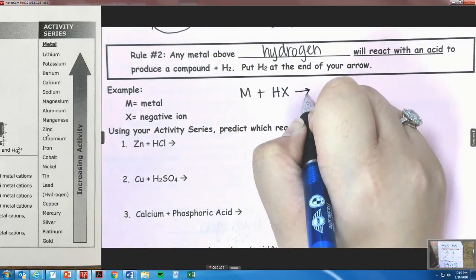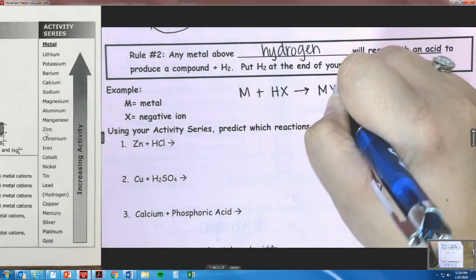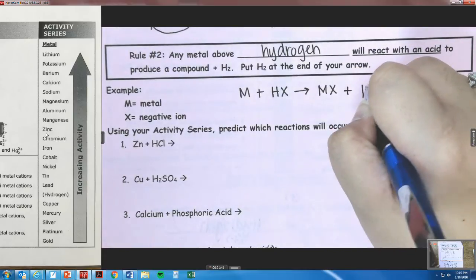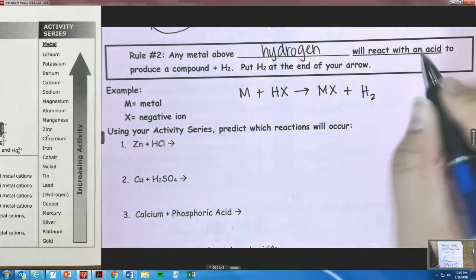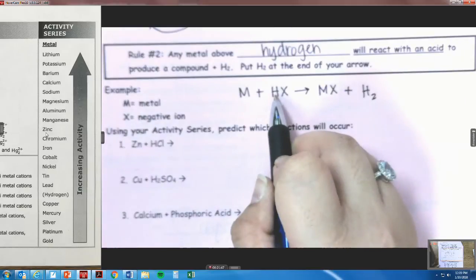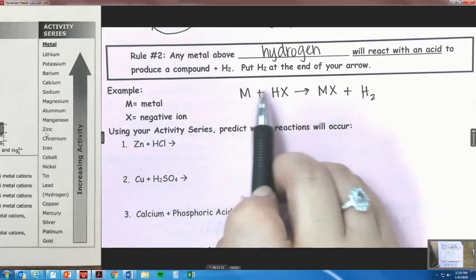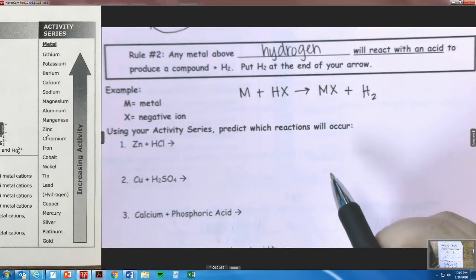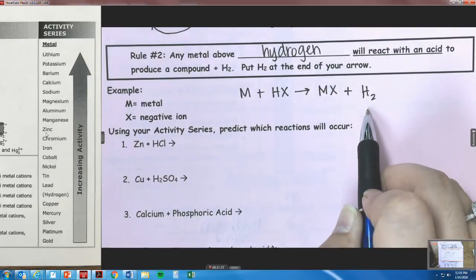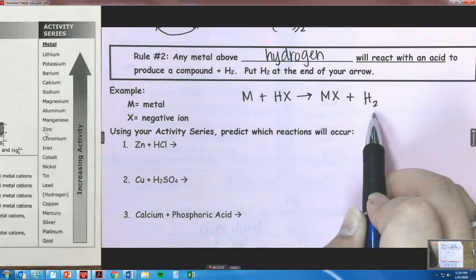That's going to produce your metal and your negative ion and hydrogen, because remember, your metal is positive and hydrogen is also positive. So if like replaces like, your metal is going to switch places with that hydrogen. And if you switch places with hydrogen, hydrogen can't be all by itself. Hydrogen is a diatomic, so it's always going to be H2.